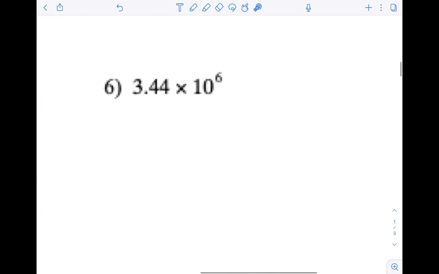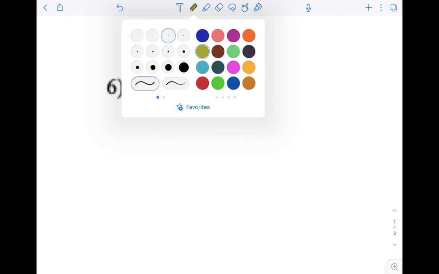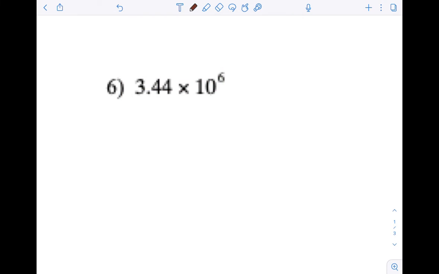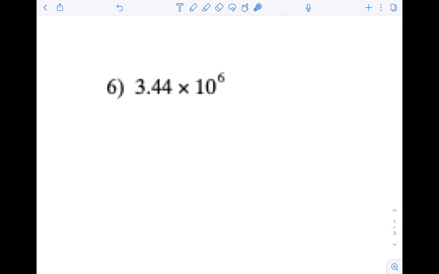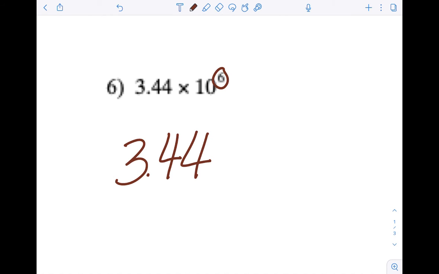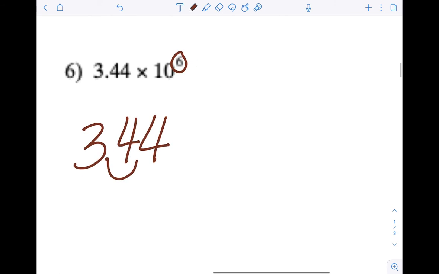All right, next problem here. We're going to look at the exponent, positive 6. Positive exponent, it says we move right. So we're going to move the decimal to the right. How many times? 6 times: 1, 2, 3, 4, 5, 6.